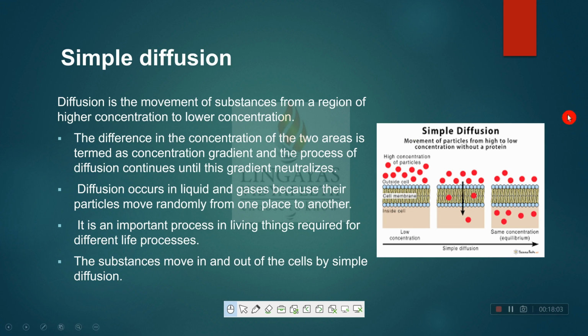So this is simple diffusion. Let's understand simple diffusion with the help of an example. Examples of simple diffusion are the movement of water, oxygen, carbon dioxide, ethanol and urea across the cell membrane. So this is the example of simple diffusion.